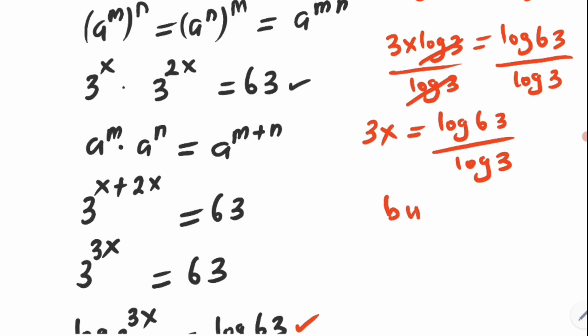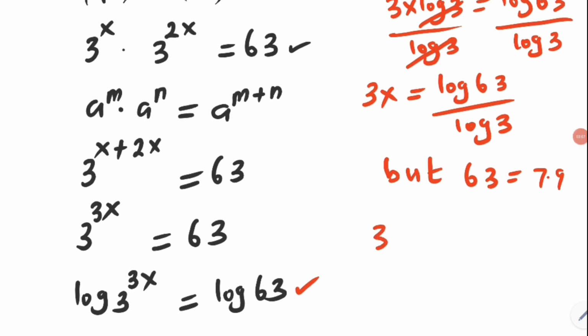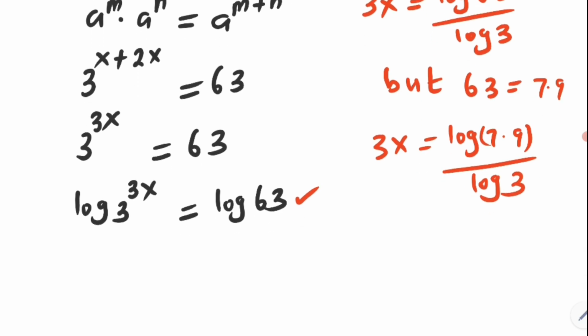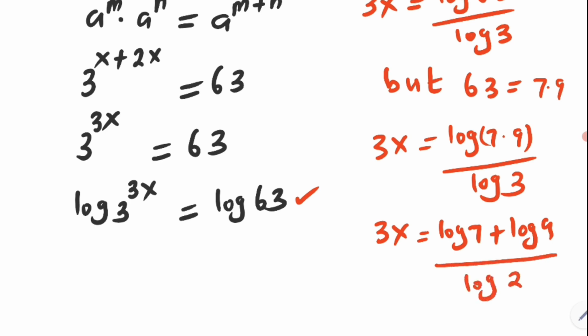But 63 is equal to 7 multiplied by 9. Then 3x is equal to log 7 multiplied by 9 over log 3. 3x is equal to log 7 plus log 9 over log 3.